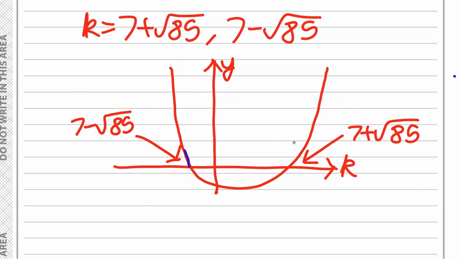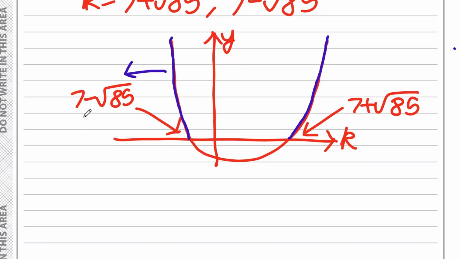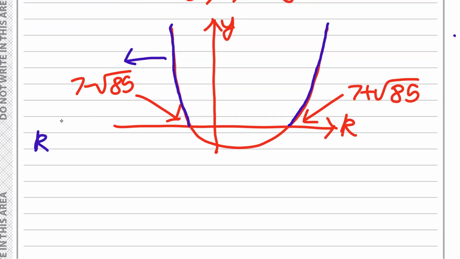So we can see that this is here and here. Okay, so we focus on this part here. This is where it is less than 7 minus root 85, because it's going in this direction here. So here, this is where k is less than 7 minus root 85, and then over here, this is where k is bigger than 7 plus root 85.